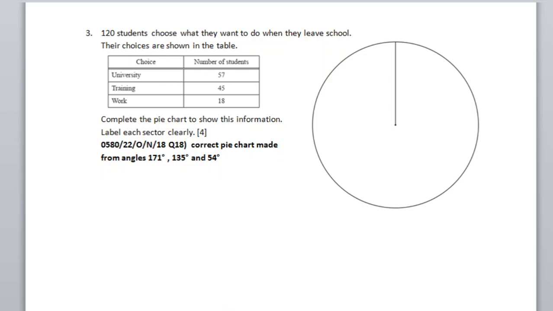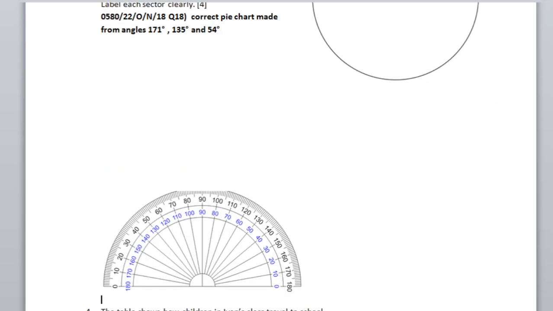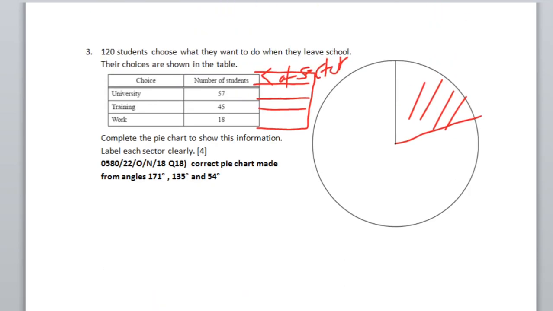So first we need to find the angles of sectors associated to all these rows. Angle of sector, like we just discussed in the previous question, a sector is this region of a circle.